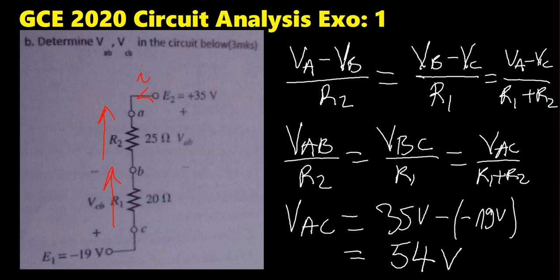Means that the supply voltage, the voltage difference between this point as well as this point here, is equal to 54 volt.